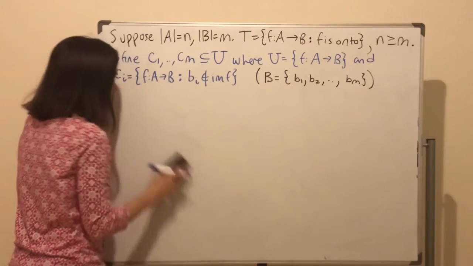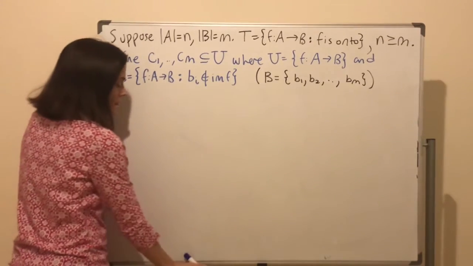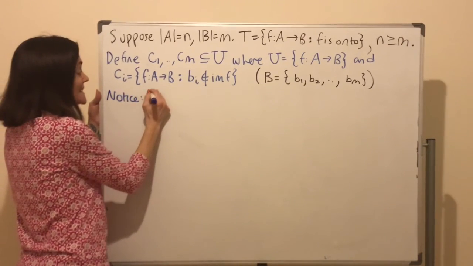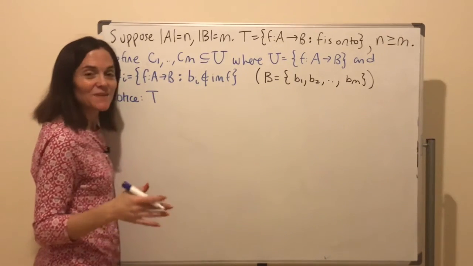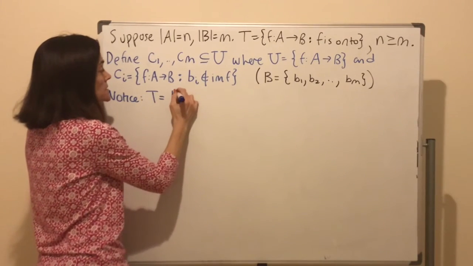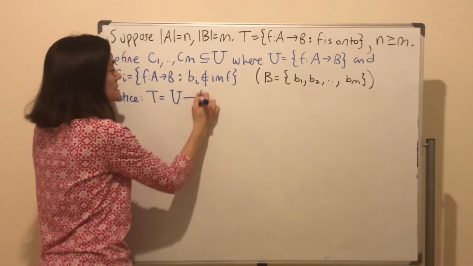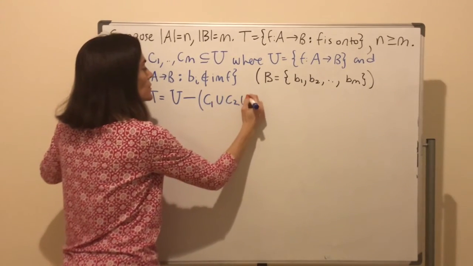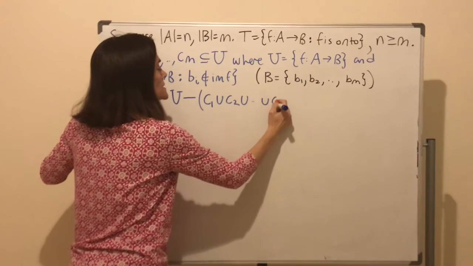Okay, so just like when we had m is 3, notice T, as I've defined it, which is all onto functions, is all functions but set difference C1 union C2 union, up to Cm.